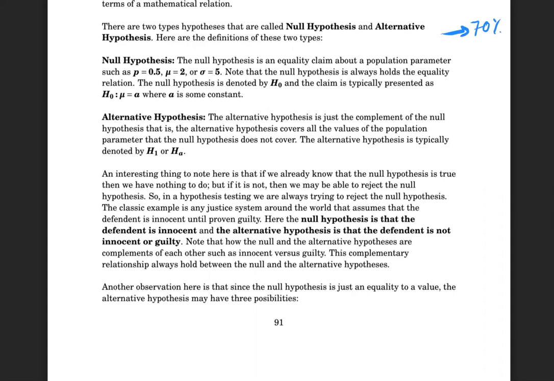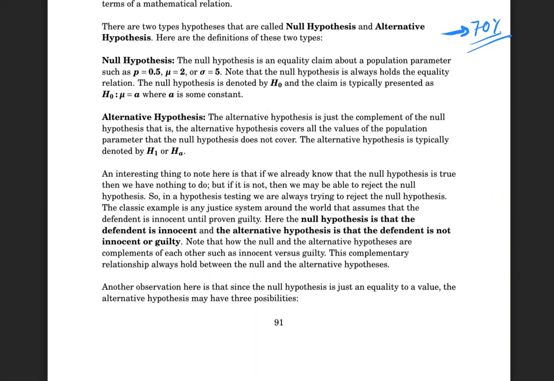70% of the people believe that the Black Lives Matter movement should be supported, which is basically supporting equal rights for Black people. And this is the null hypothesis. That means 70%. This is given to you, or this is what people commonly believe.